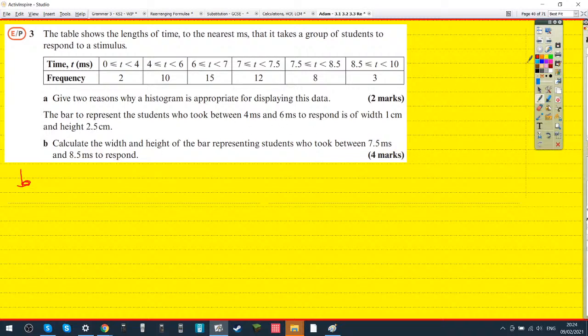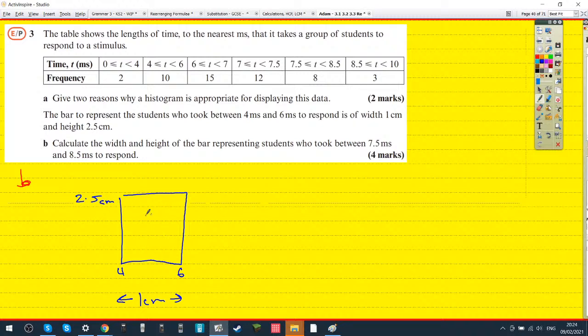Question B. Okay, so we have our bar. It is from 4 to 6. We're told it has a width of 1 centimeter. We know its class width is 2. We're told its height is 2.5 centimeters.